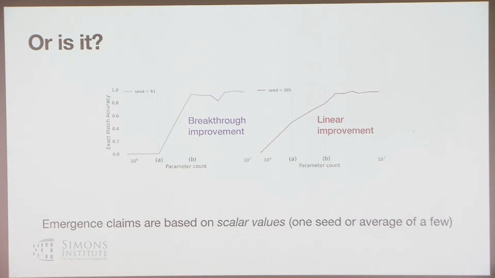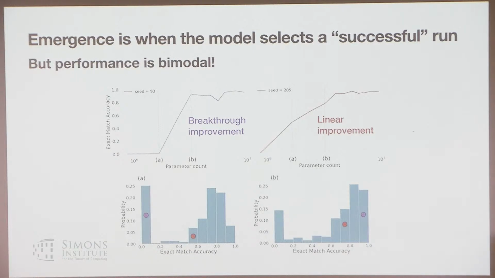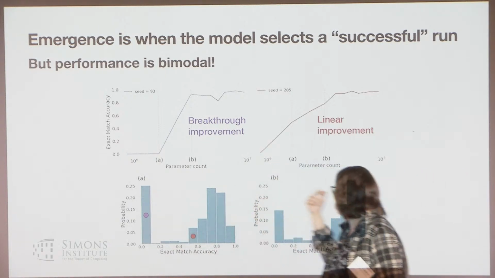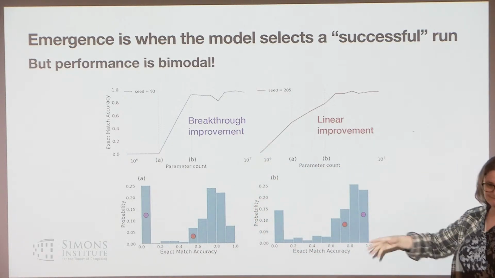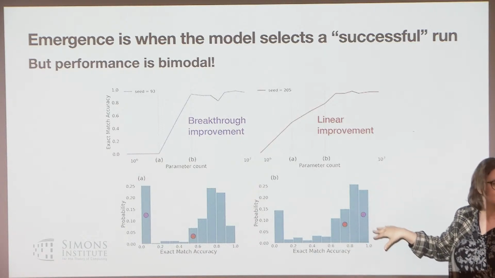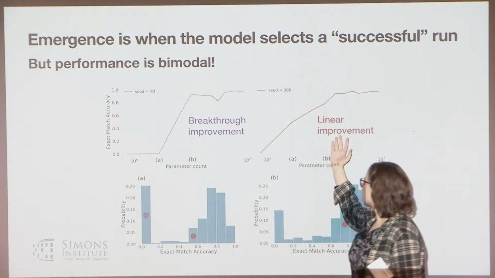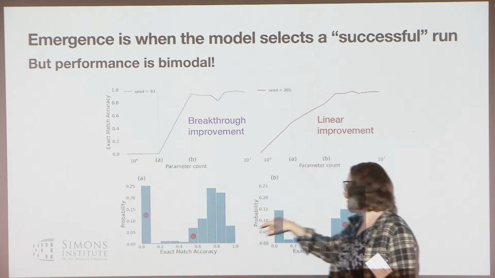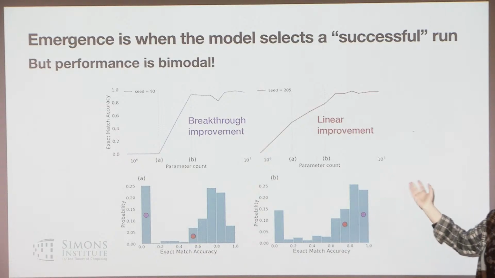So how is it that you can have so much variation across different seeds? It's because of the bimodal distribution, again. So in the purple side, this breakthrough side, you're sampling from over here, and then suddenly you're sampling from the successful component of the distribution. Whereas with the linear improvement, you're sampling just from a lower point in that component and then a higher point in that component.